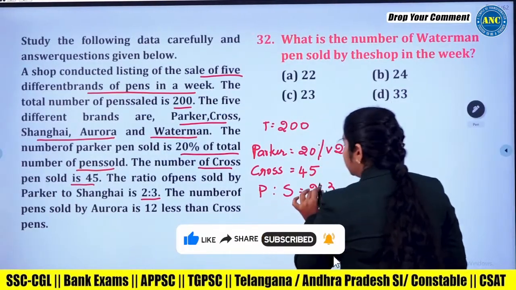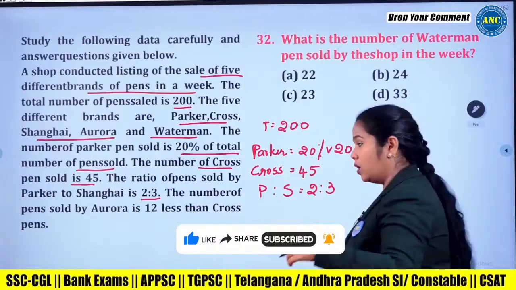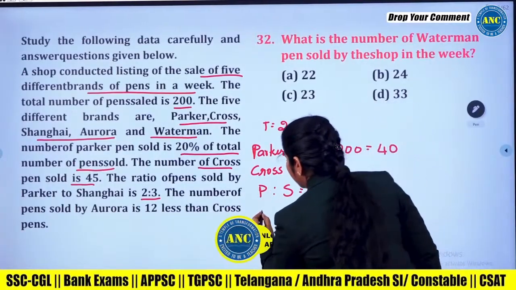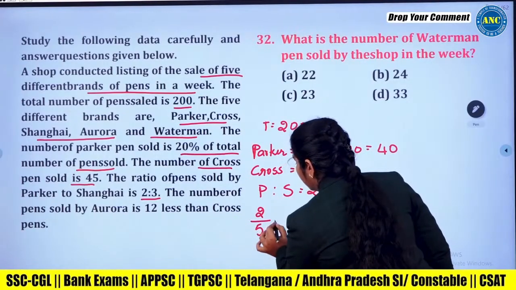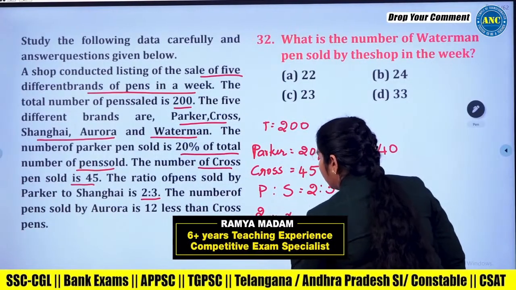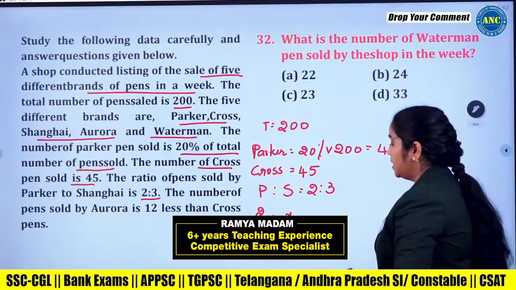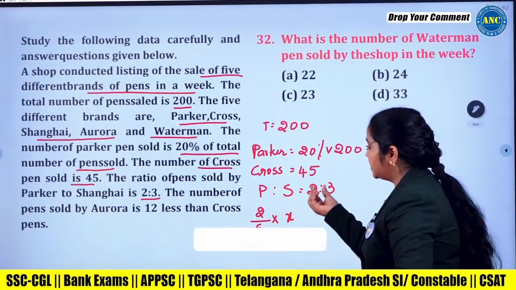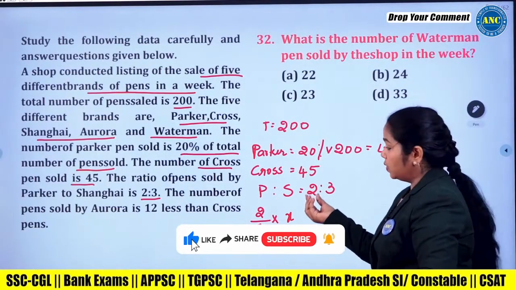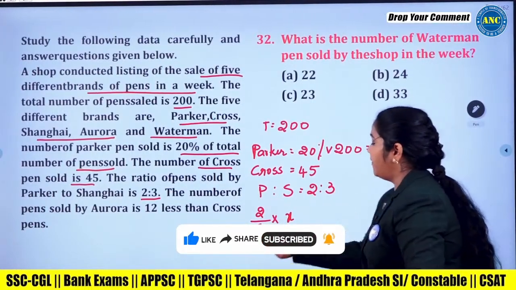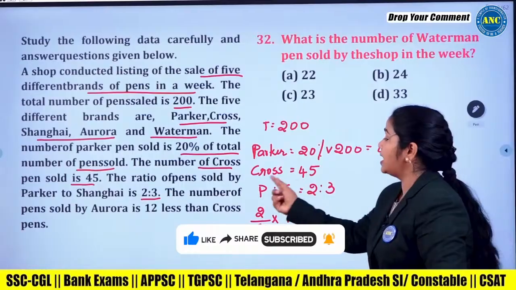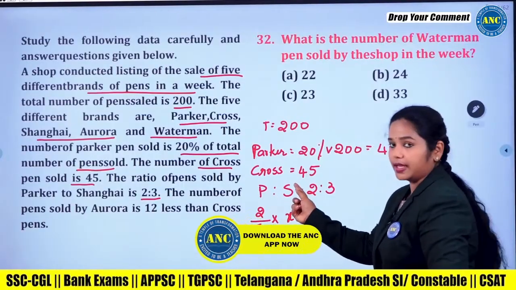So if you have to take the value out, what is the value of Parker? 2 plus 3 is 5 into the total value. Yes, the portion of Parker is, ratio of Parker is 2. So, the portion of Parker, how we can take 2 by total value into the total number of pens of Parker and Shanghai.